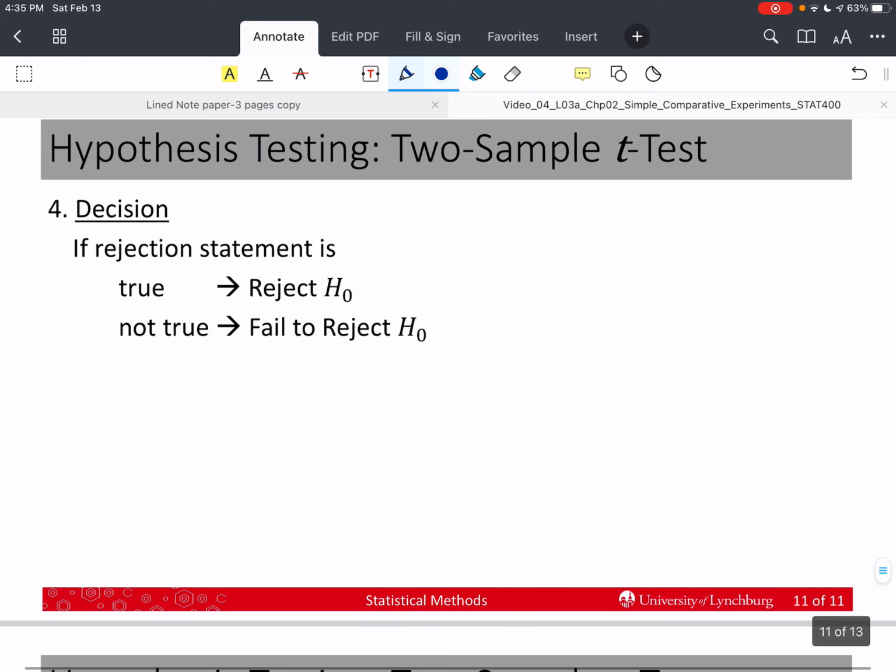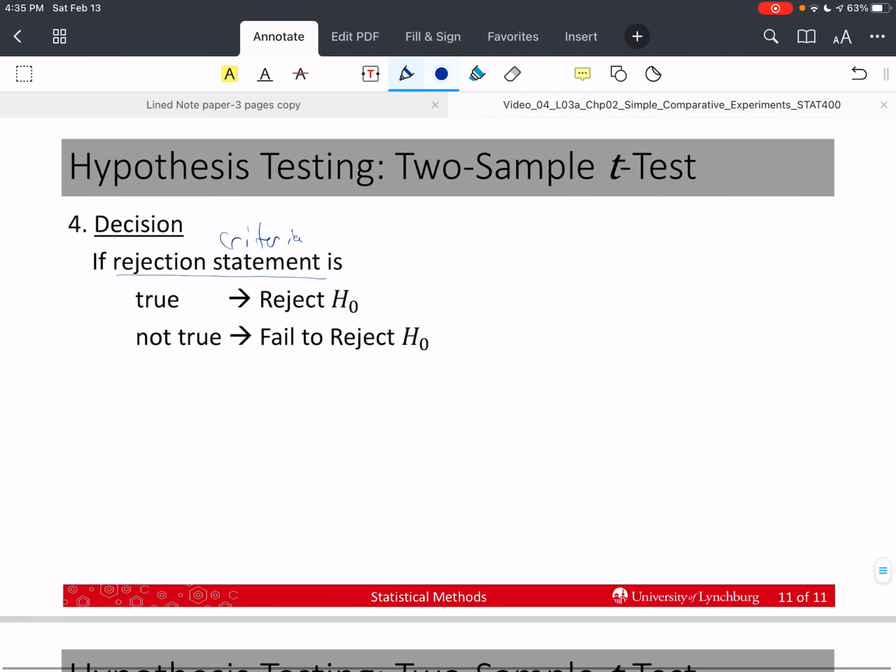And then the decision is the 4th step. Now, if the rejection criteria is true, so let's say the rejection region was z naught less than negative z sub alpha, and let's say that z sub alpha equals 1.96, and we calculated z naught was negative 2.0.